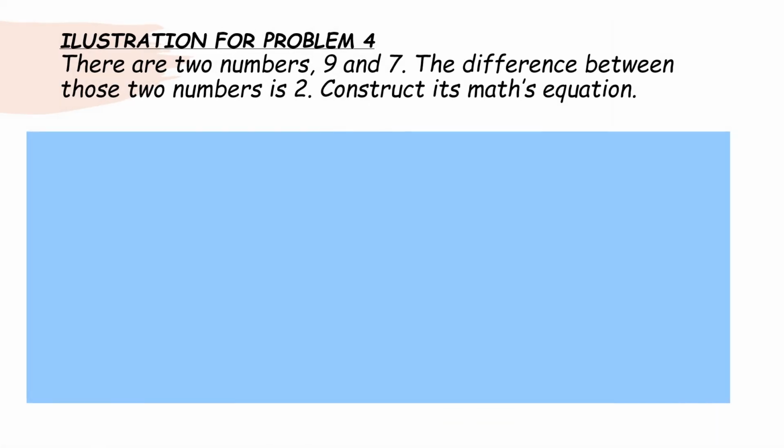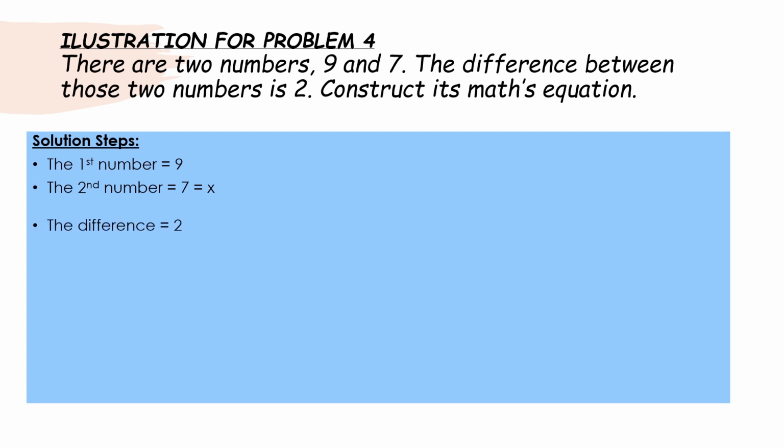Here is the illustration for problem number 4. There are two numbers, 9 and 7. The difference between those two numbers is 2. Construct its math equation. The first number is 9. The second number is 7, let's say it's x.